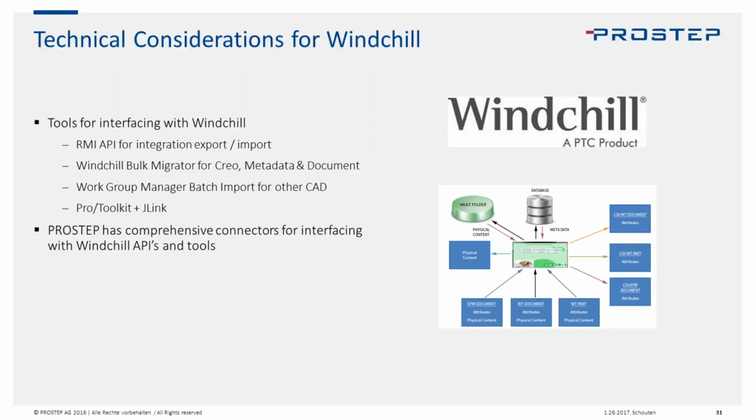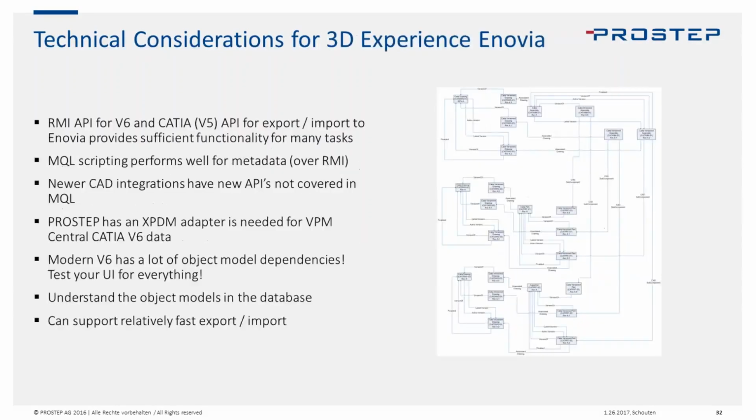For getting CAD data in, if you're not using a bulk migrator, you want to use the Workgroup Manager batch import. We have a batch import controller for that. For just Creo data, you can use Pro Toolkit or JLink, which is in effect similar to the Workgroup Manager batch tools. We also have comprehensive tools covering these within Windchill bulk load.